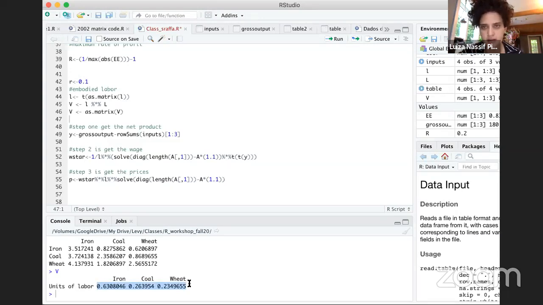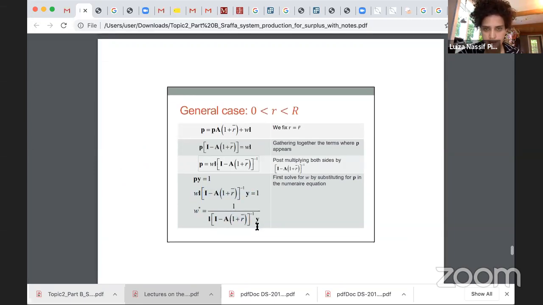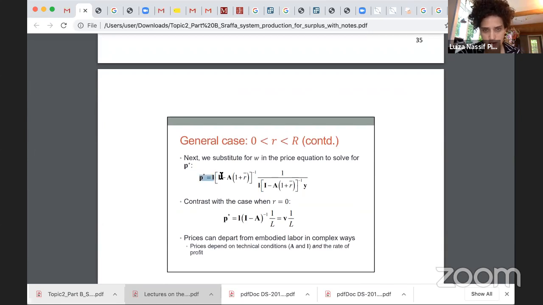When I multiply L by the total amount of your economy, the gross output, with the wages, then I calculate the total amount of labor going there. And so the function to find the wages is 1 over that. That's your W star, which we're going to then input into this equation.